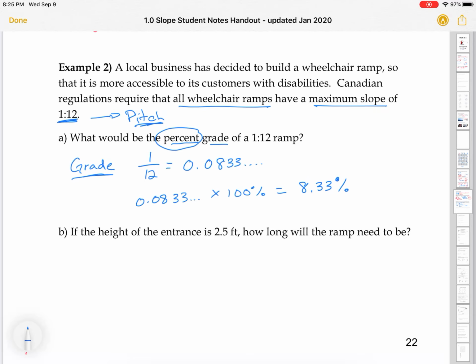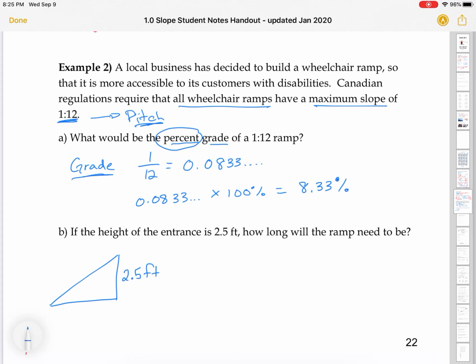If the height of the entrance is 2.5 feet, how long will the ramp need to be? So now we need to remember our cross multiplying and dividing from the other day. So let's draw a picture so we have an idea what's going on. Here's our ramp, not drawn to scale.